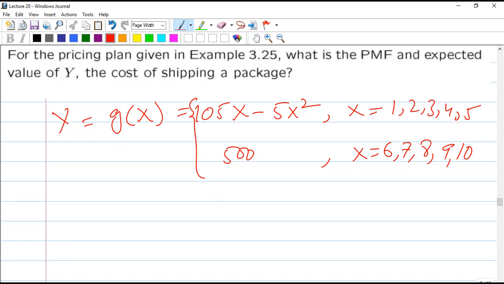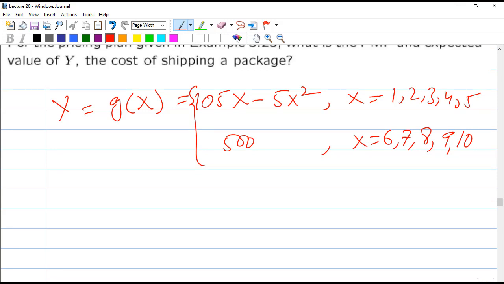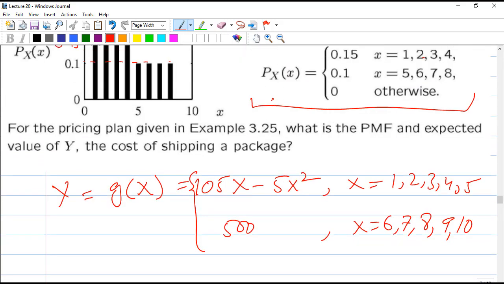So the range of y can be found easily. For packages of 1, 2, 3 or 4 pounds with the probability of 0.15, if we put them in we will get distinct values.